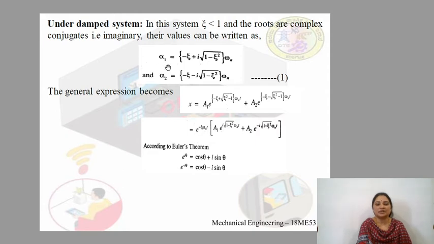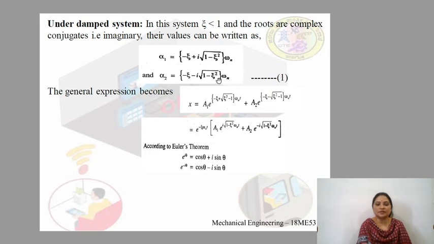Alpha 1 will be equal to minus zeta plus, since the roots are complex conjugates, we have the term i, into square root of 1 minus zeta square into omega n, and alpha 2 is equal to minus zeta minus i under the root 1 minus zeta square omega n. Call these two as equation 1.